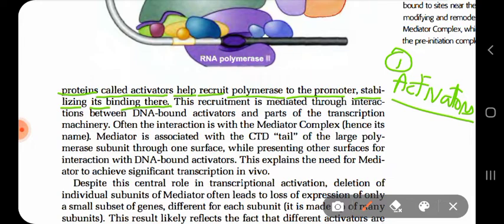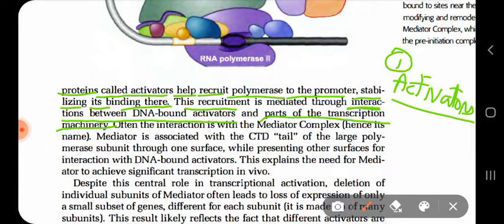Now, how do the activators help the RNA polymerase bind in that site only? On the other hand, the transcription factors are also helping the RNA polymerase to bind on the promoter region. The activators cause that recruitment by interaction between the DNA bound activators and parts of the transcriptional machinery. The transcriptional machinery consists of the general transcription factors and the mediator complex.